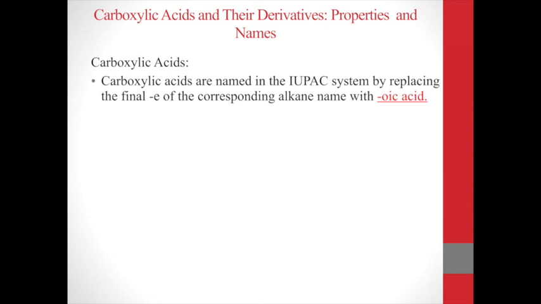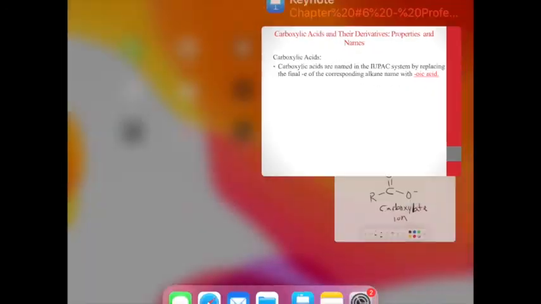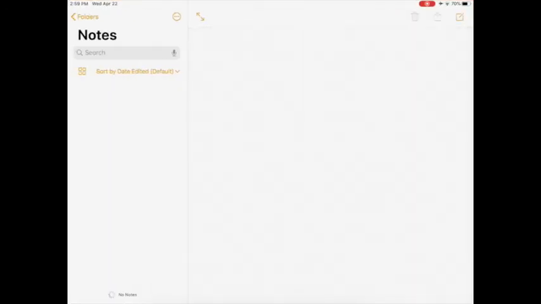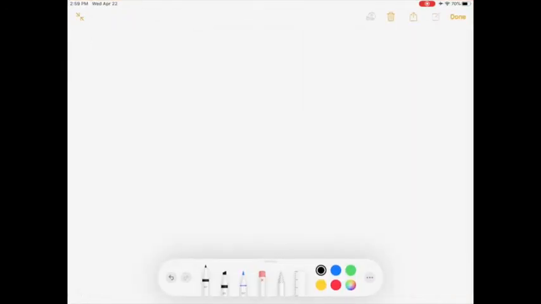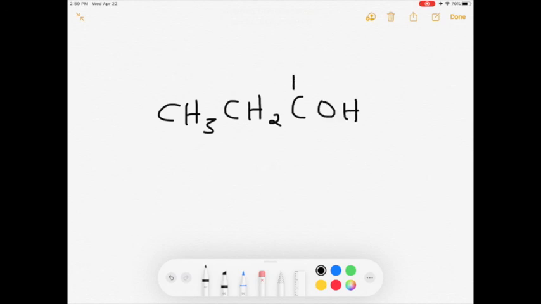In naming carboxylic acids, we are going to replace the E from the alkane with an OIC ending. Just to give you an example here, we have CH3, CH2, C, OH, O. So here's our carboxylic acid. We have 3 carbons, right?